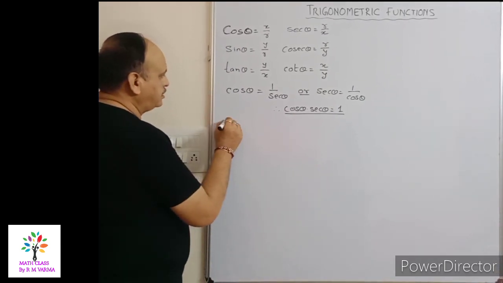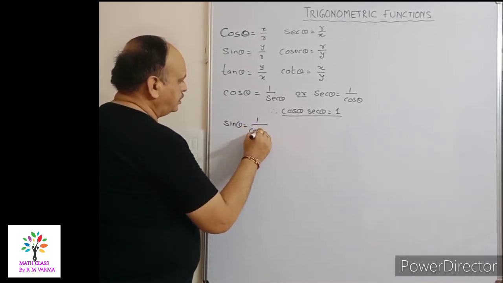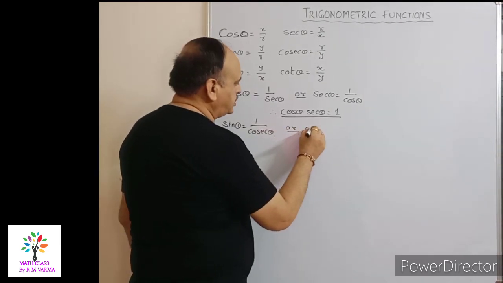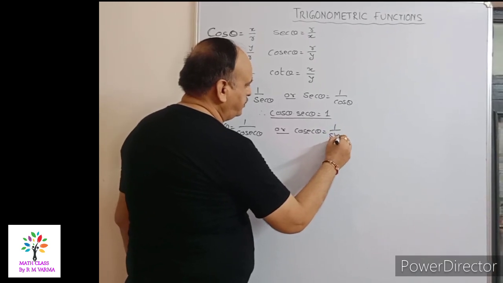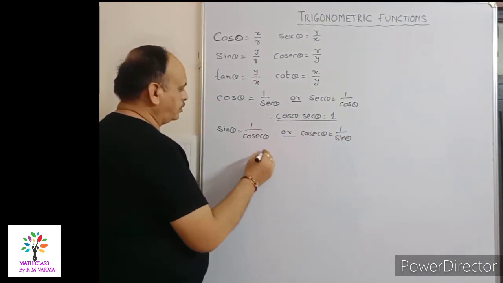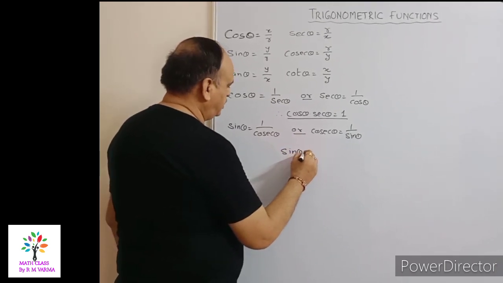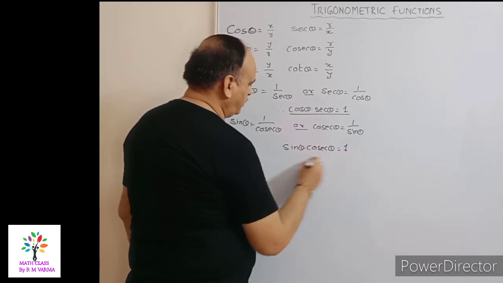Similarly for sine, sine theta is 1 upon cosec theta, or cosec theta equals 1 upon sine theta. Cross multiplying, sine theta into cosec theta is 1.